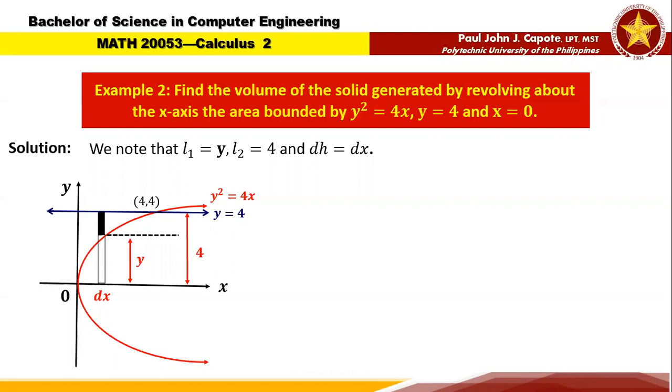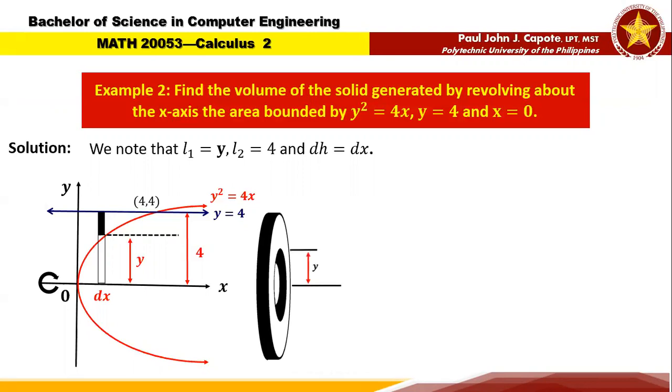And the width, dh, of the rectangle is equal to dx. Now, if we revolve this rectangular element about the x-axis, we get, again, a solid of revolution known as washer, whose radius of the inner cylinder is equal to y, and radius of the outer cylinder is equal to 4.